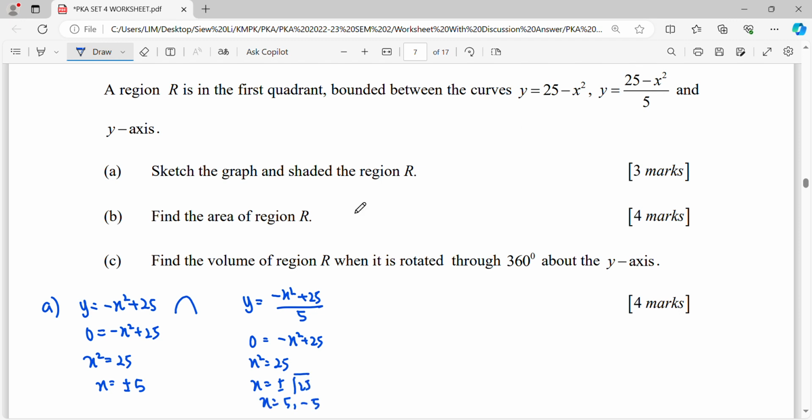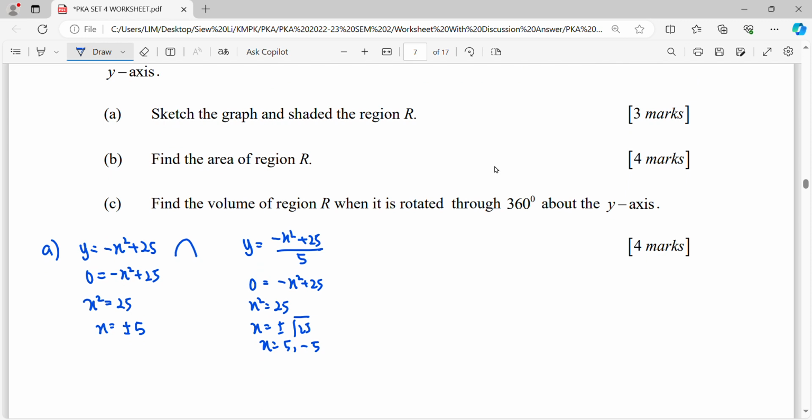So they have the same roots. Then when x equals 0, we find the y-intercept. For the first one, y equals 25. For the second, when x equals 0, y equals 5.